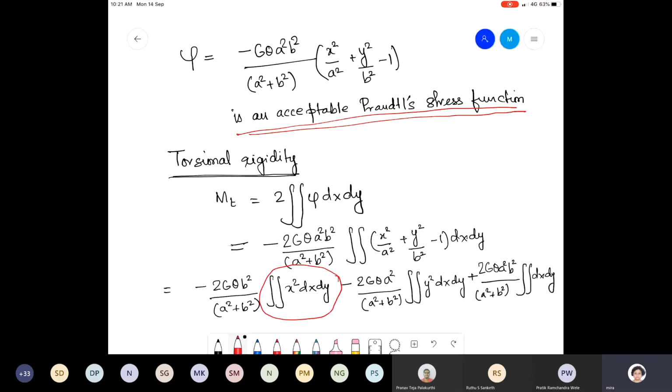Can someone tell me what the first term of the integral denotes?